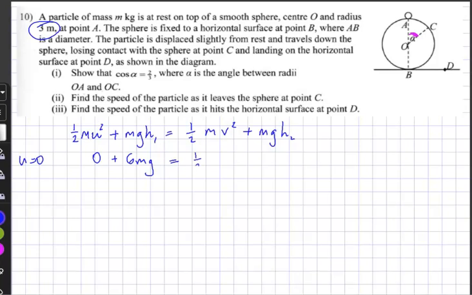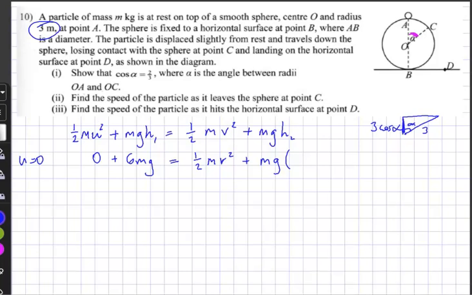Then the potential energy and the kinetic energy at the end. Well, we don't know what its velocity is at the point that it leaves the surface, and the height it is at now is going to be, as I talked to you previously, you can think about it. You've got that triangle where you've got 3 as your radius. So this is going to be 3 cos alpha, that distance up the side.